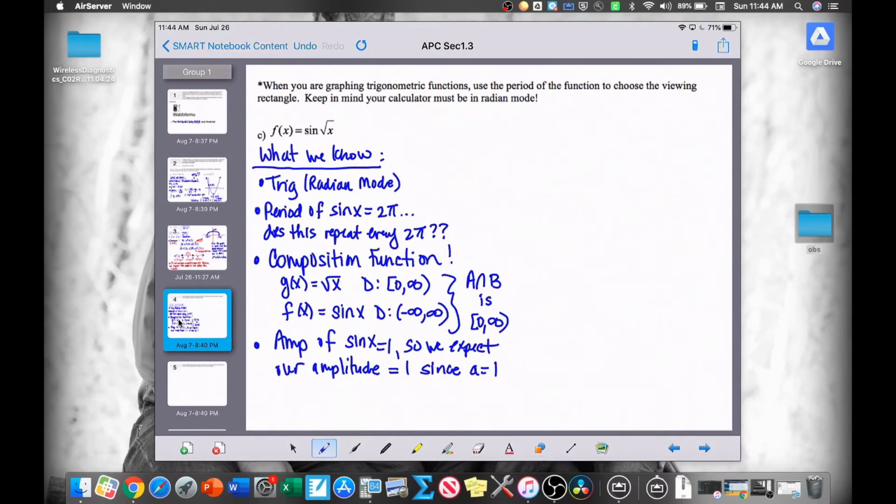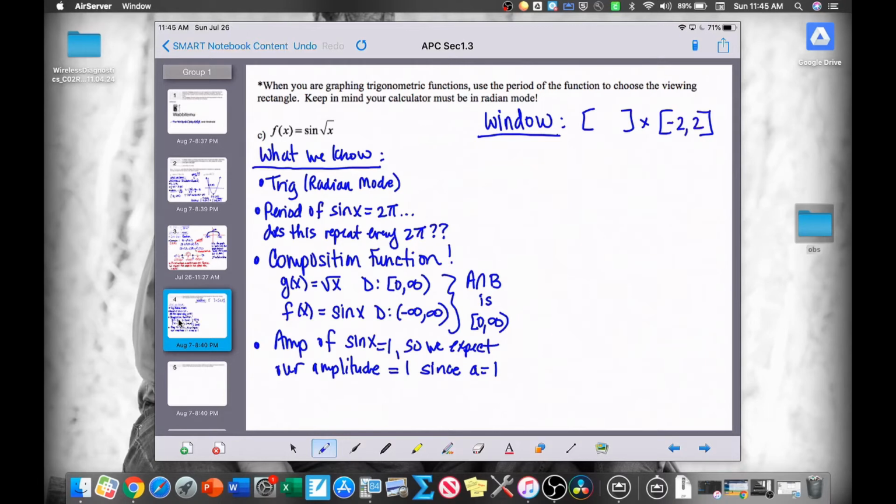Okay? All right, so we kind of have an idea here. Let's talk about window. Ooh, and we forgot to do the window on our last problem. So make sure that you go back in your notes and write down that we did a window of -4 to 4 on both our x-axis and our y-axis. But on this one, for our window, if our amplitude is 1, then for our y values, -2 to 2 should probably be plenty.